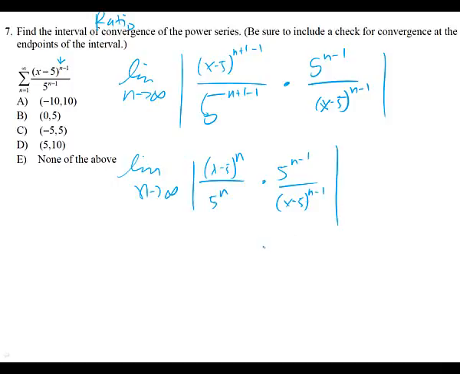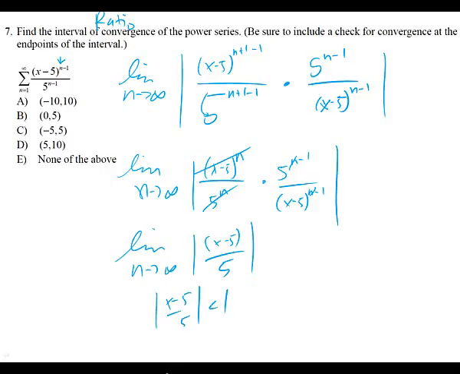Now what happens? Cancel the n's. So that's gone, that's gone, that's gone. Are these guys going to be happy where they're at? No, so I'm going to flip them the other direction. So I'm going to bring my x minus 5 upstairs and my 5 downstairs. Is there any n to plug into? No, so my limit is x minus 5 over 5, and I'm going to go less than 1.